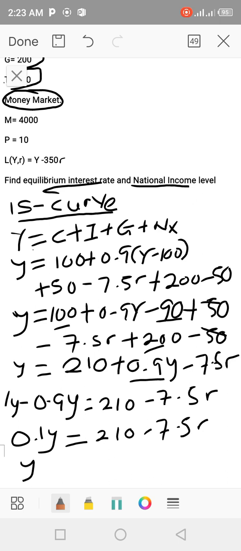Y will be equal to, dividing both sides by 0.1, 210 minus 7.5R, all divided by 0.1.